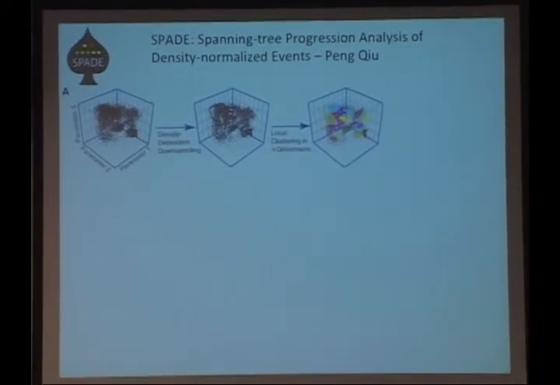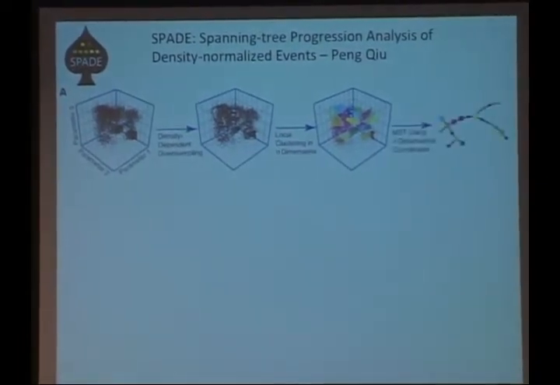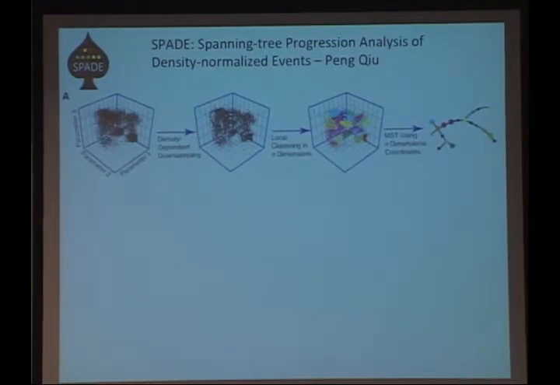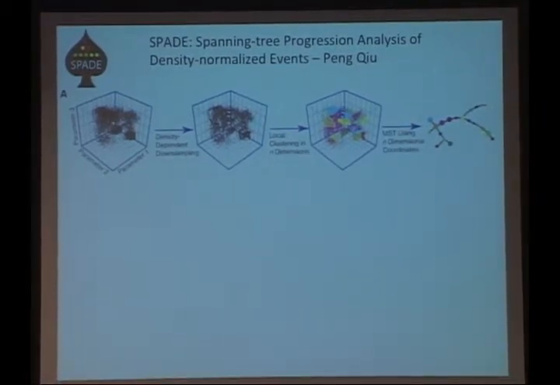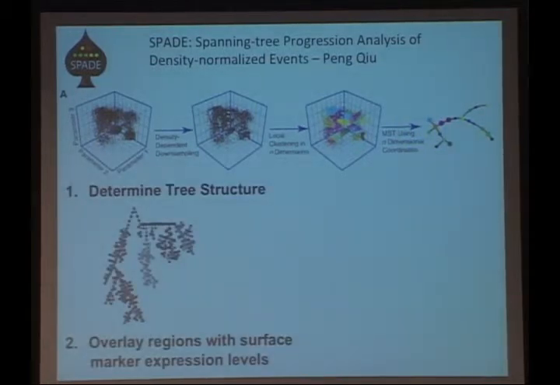Then it does a hierarchical clustering, and then it attaches those clusters in a minimum spanning tree so that the most related clusters are next to each other. The length of the line doesn't really mean anything here, it's just a question of which circles are closest to each other. And we also size them roughly so the things that are more common are slightly bigger. And then you end up with a tree structure.